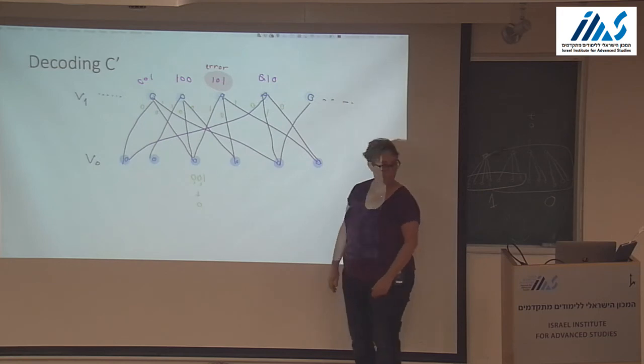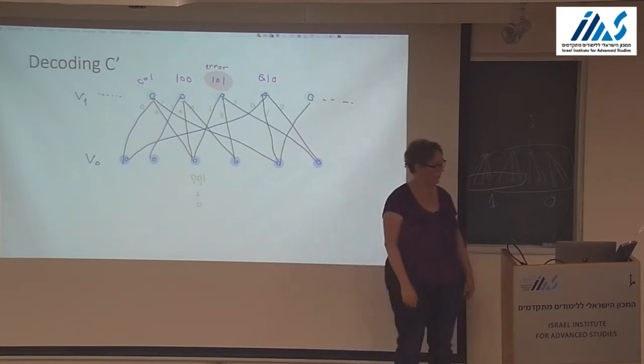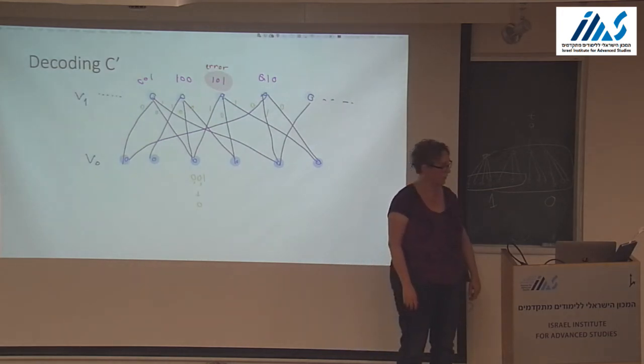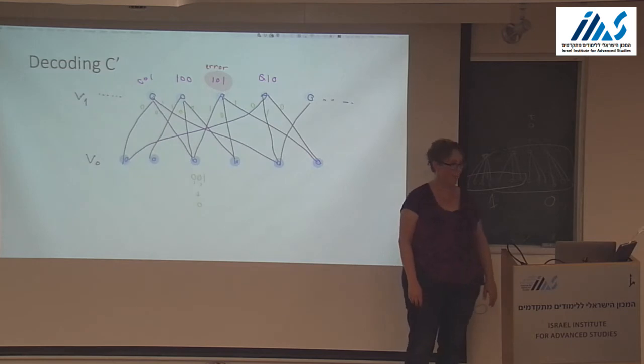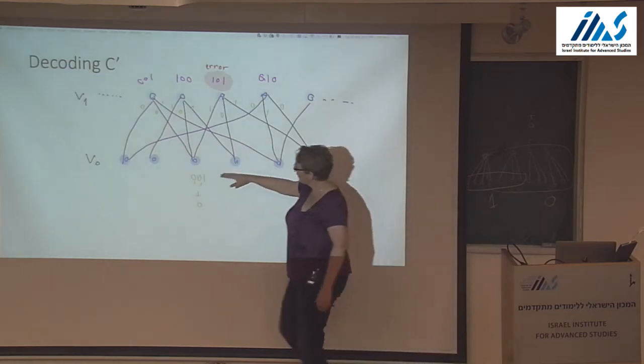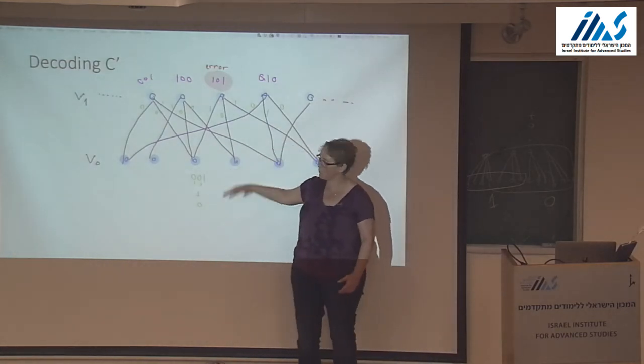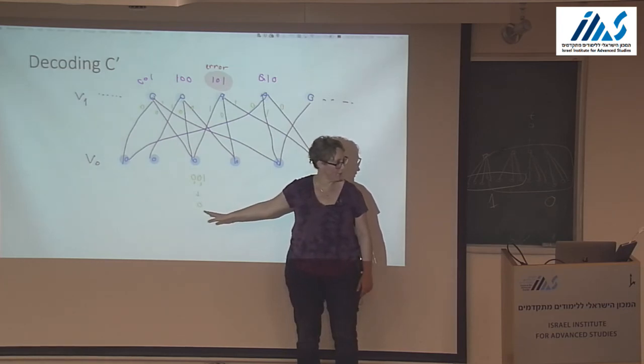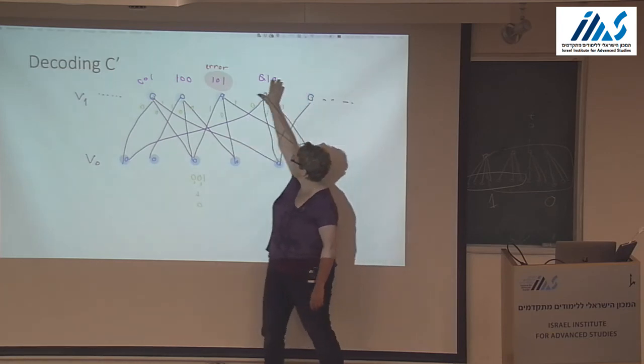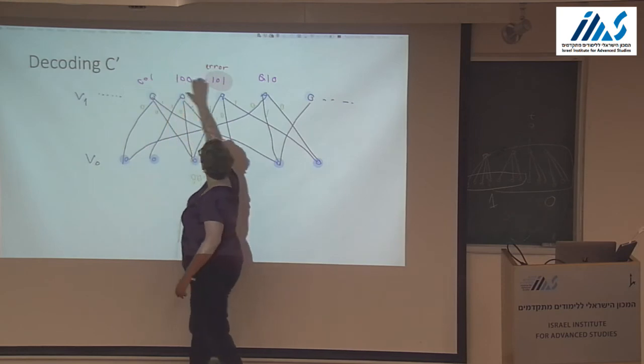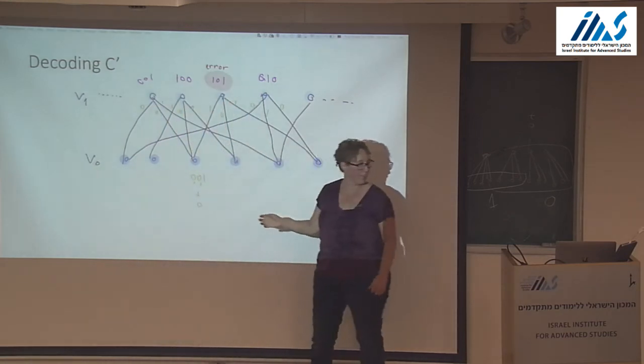So the errors are only in the aggregation on top, or also the code word on the bottom already? After you finish doing the majority, you need to apply the decoder of your original code. No, I understand. This is all the input to your algorithm, right? So the errors can happen in both locations.